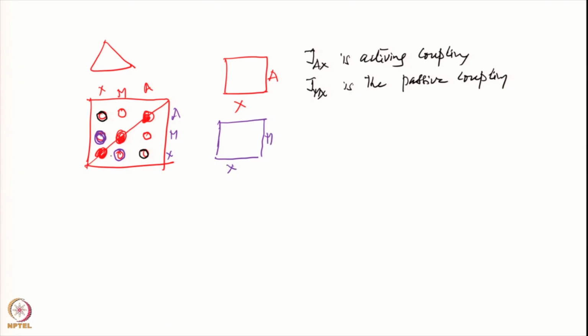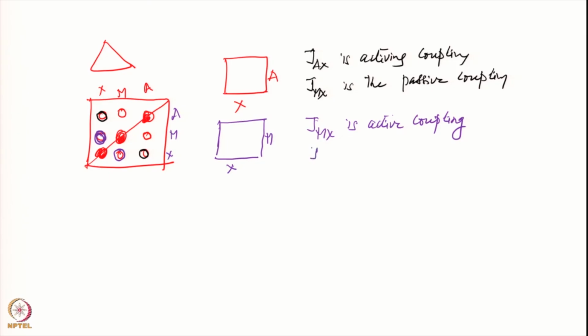Active and passive couplings will be the same in both cases, but the fine structures will be different depending upon which cross peak you are taking. If I take M here and X here, then which is the active coupling? JMX is the active coupling, and what is the other coupling it has? Along this side I have the MX coupling and AX coupling.